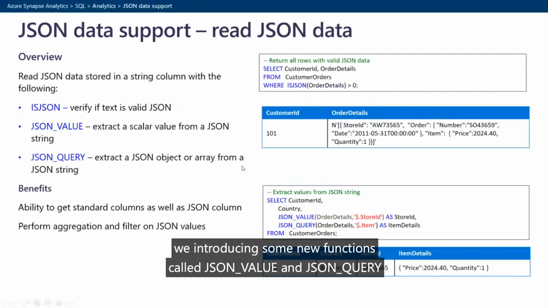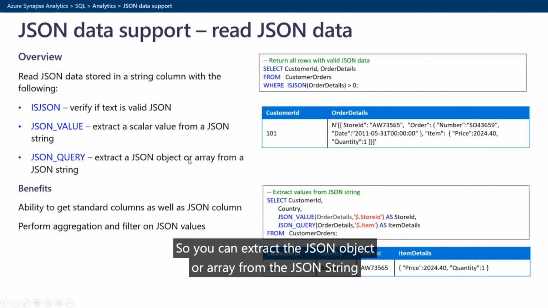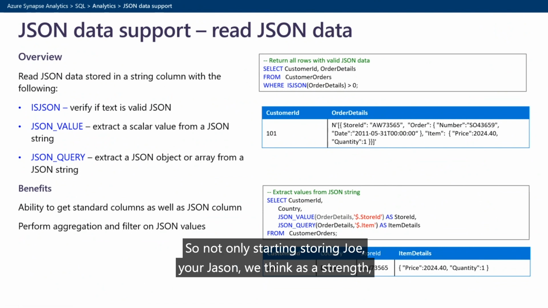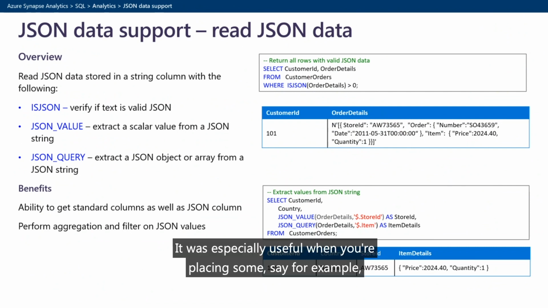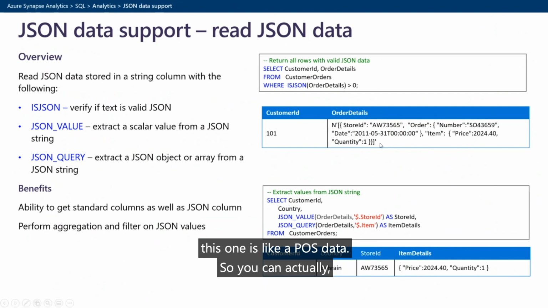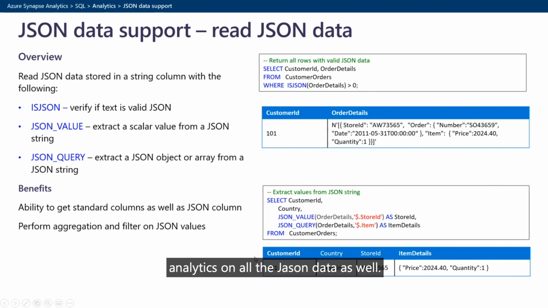We are introducing some new functions called JSON_VALUE and JSON_QUERY, so you can extract a JSON object or array from a JSON string. So not only are you storing your JSON as a string, but you can actively look into how deep the levels or the hierarchy of the JSON objects go. It's especially useful, for example, with POS data, where you can actually run analytics on the JSON data as well.